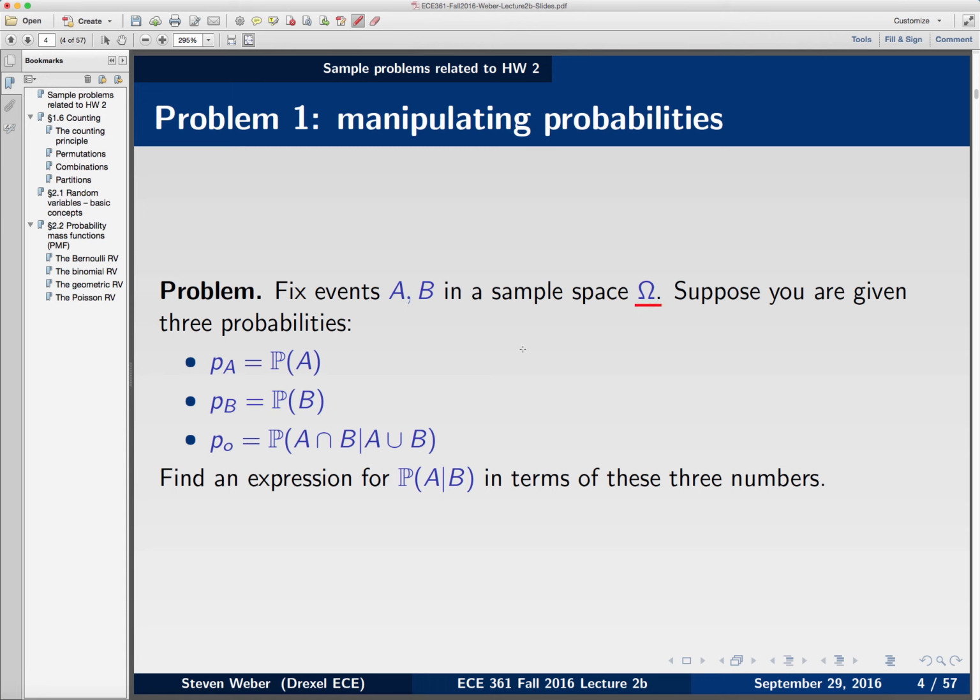And we're given the following 3 items: P sub A, which is shorthand for the probability of A, P sub B, the probability of B, and this quantity denoted P sub O, which stands for the probability of A and B given A or B. And the question is, find an expression for the probability of A given B in terms of these 3 numbers. So what we want is an expression for probability of A given B in terms of PA, PB, and PO.